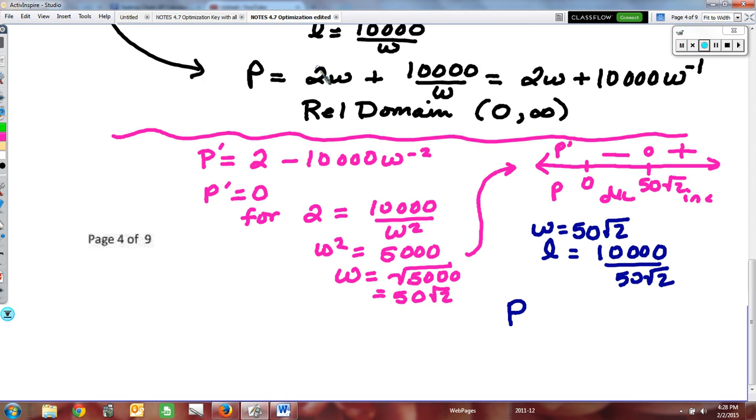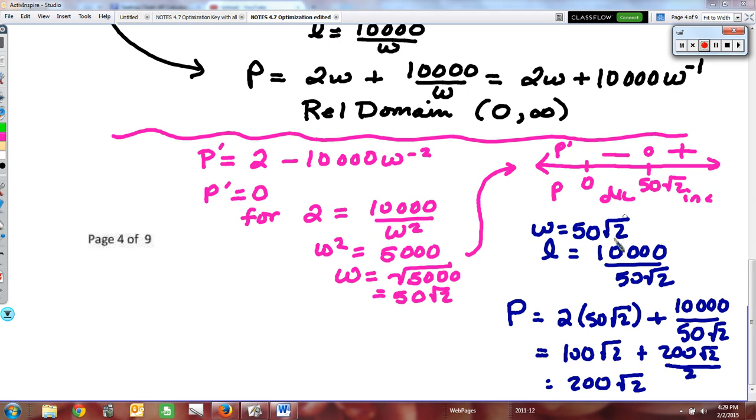And it doesn't really matter which one of these we use because they're going to work out to be the same. So we would do 2 times 50 square root of 2 plus my 100,000 over 50 square root of 2. Now we might want to go ahead and simplify that. All right, just didn't want to have you sit there while I was calculating this. So we end up with 200 over the square root of 2.